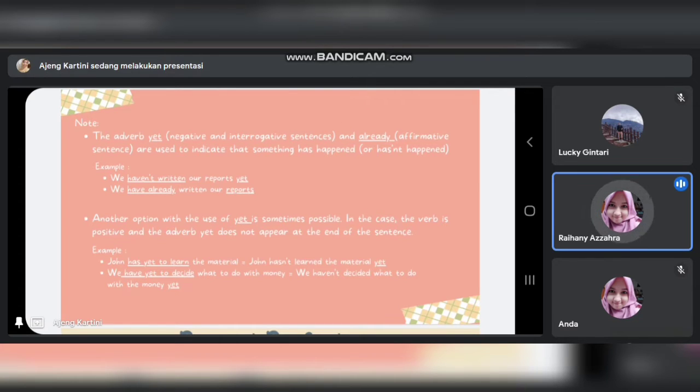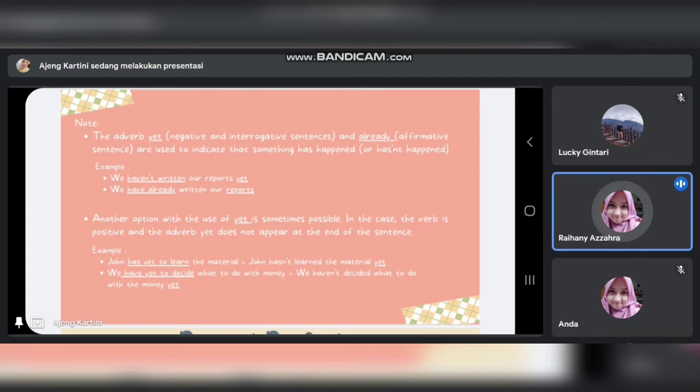They are used to indicate that something has happened or hasn't happened. For example, we have not written our reports yet. We have already written our reports.